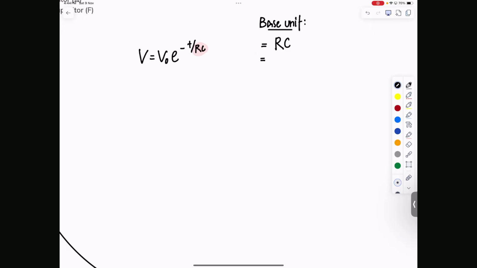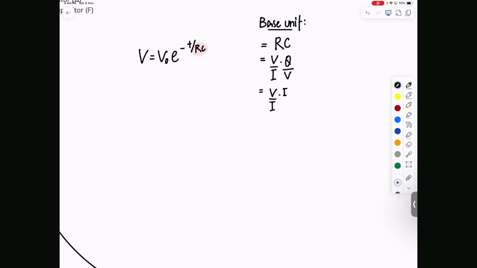Okay, so give me a formula for resistance: V equals IR. So R equals V by I. And capacitance is Q equals CV, so C equals Q divided by V. If I break it down further, I have V by I times Q, where Q equals IT, from all levels, right?